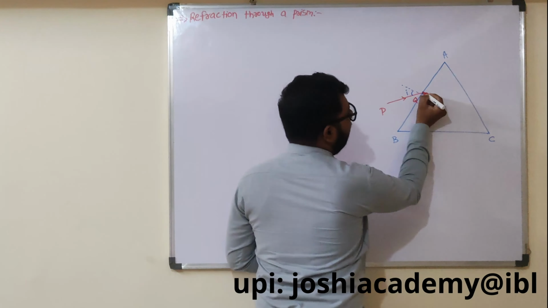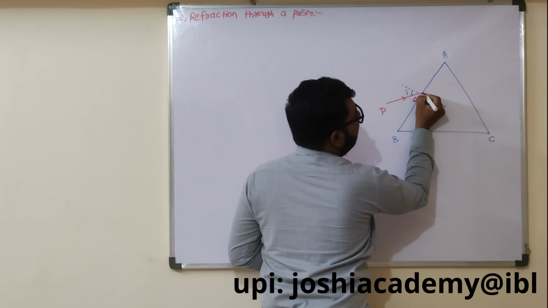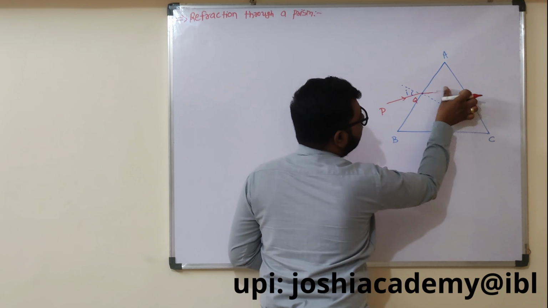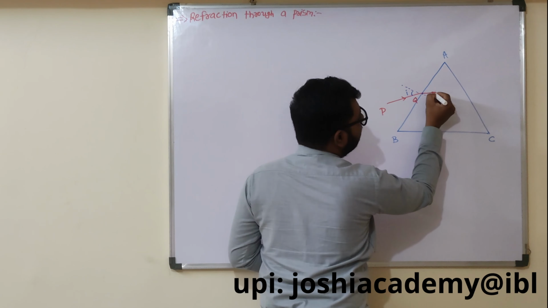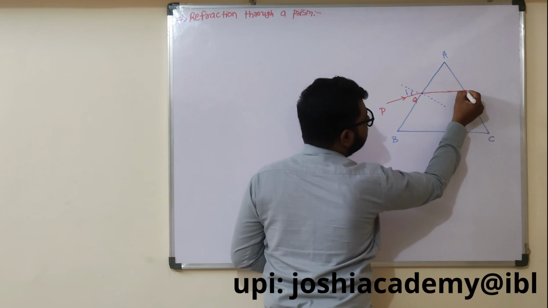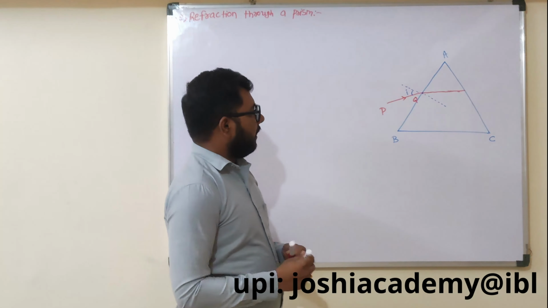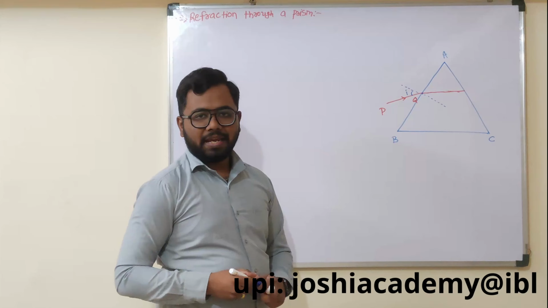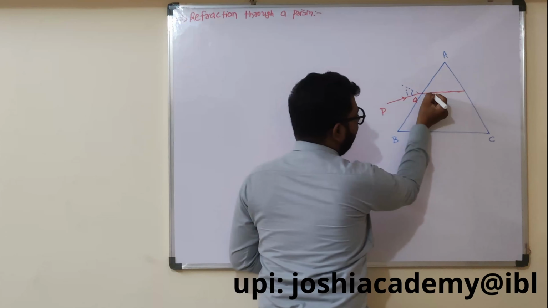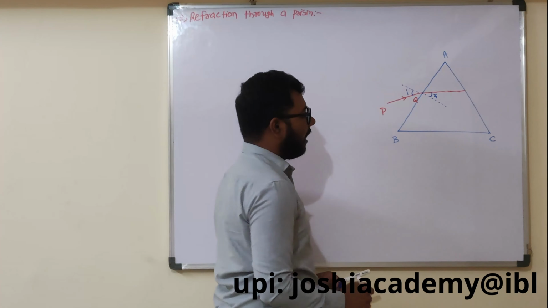That means instead of going in this direction, it will bend towards the normal. Suppose this is the bending of the light. And it bends at the angle of refraction. Let us call it R1. So this is nothing but the refraction angle R1.